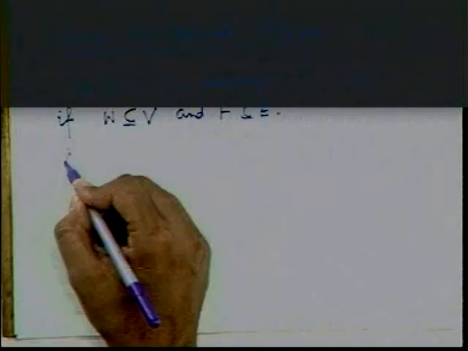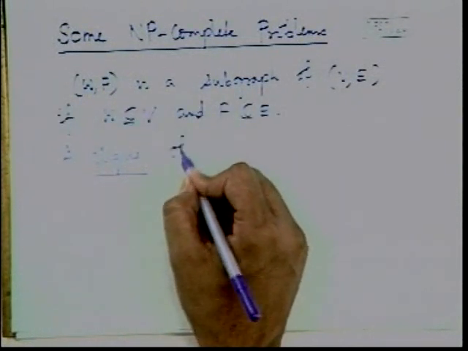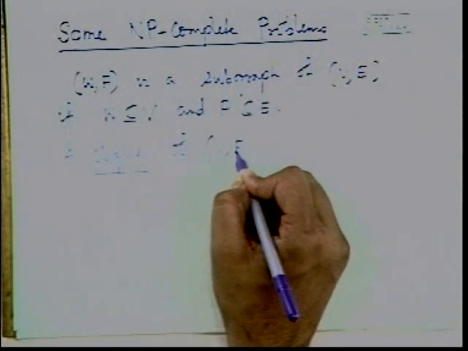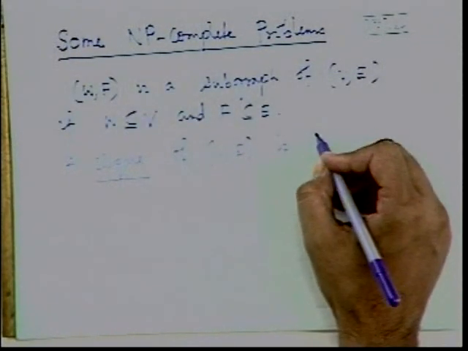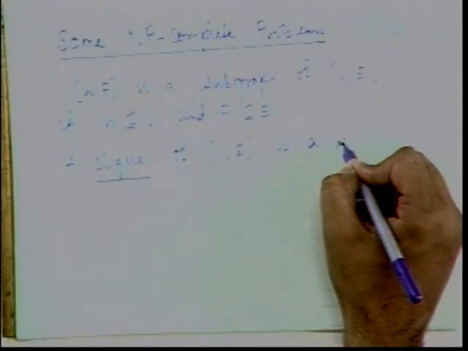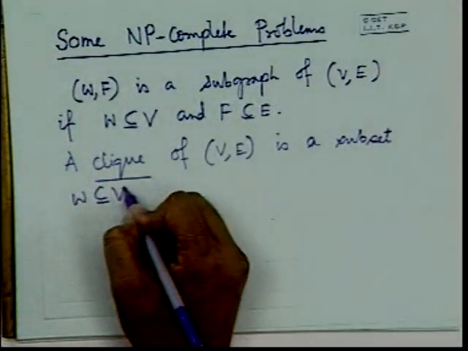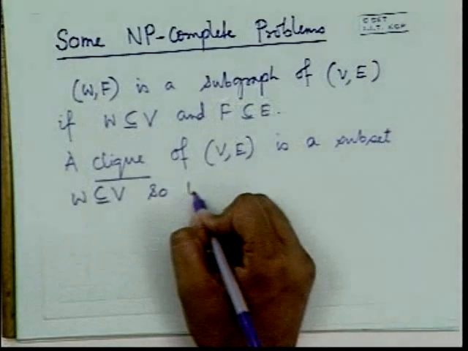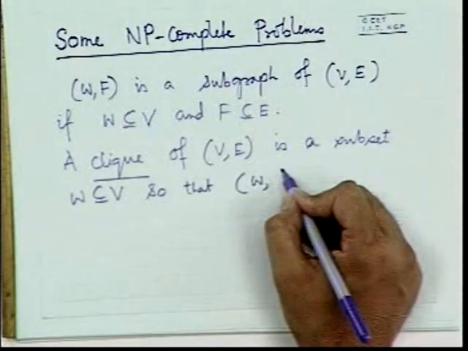Now a clique of the graph (V, E) is a subset W of V so that the graph (W, W choose 2) is a subgraph.